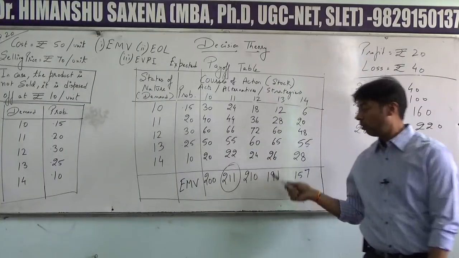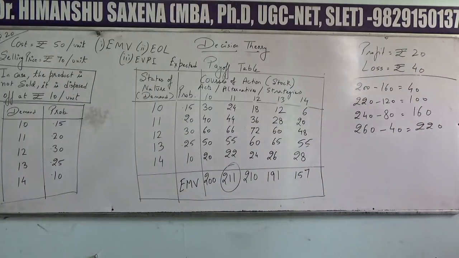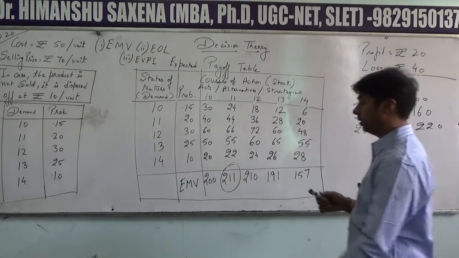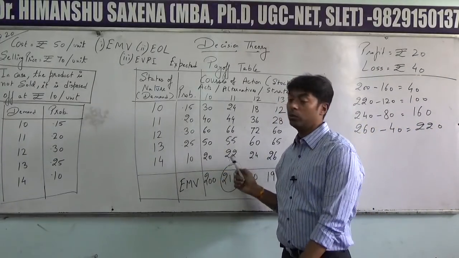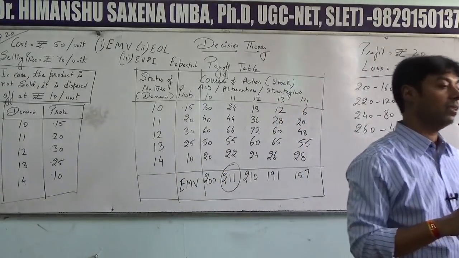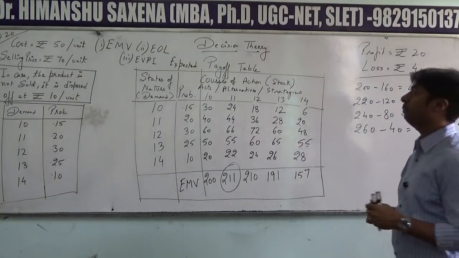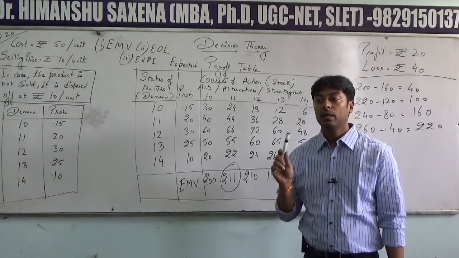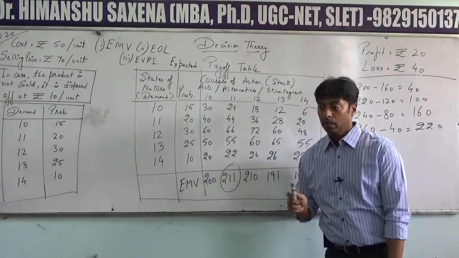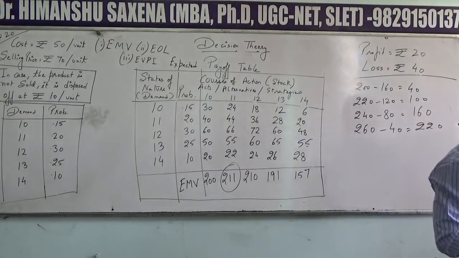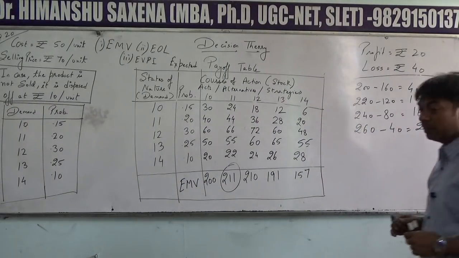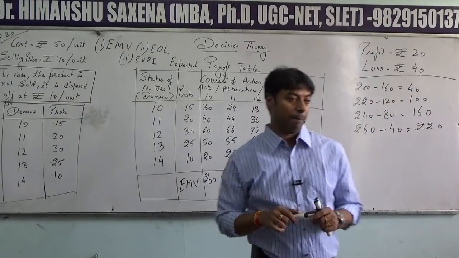So please take down all these values, then take down the inference, the interpretation of what you have done over here in decision theory under the subtopic decision making under risk. Please take down the conclusion.